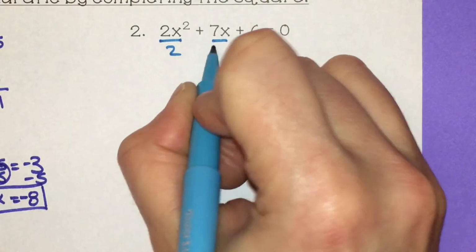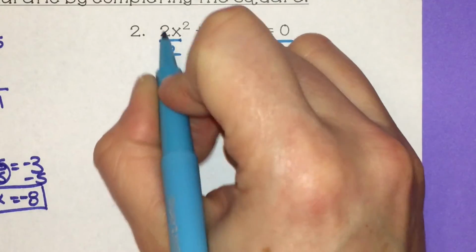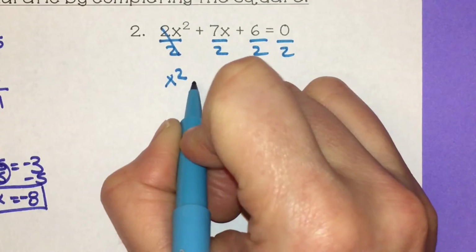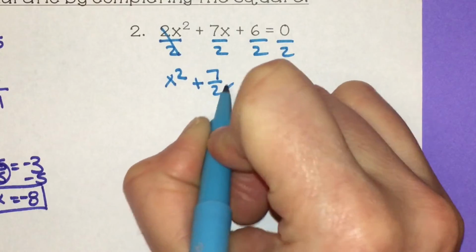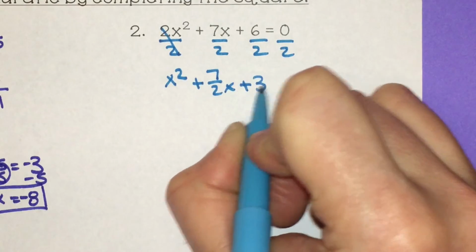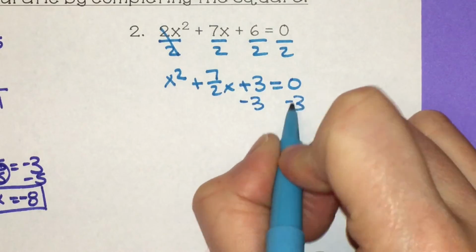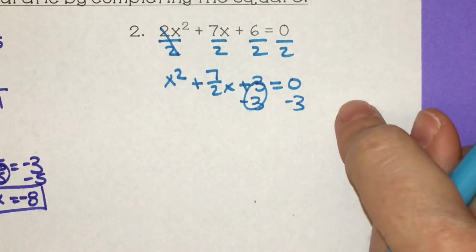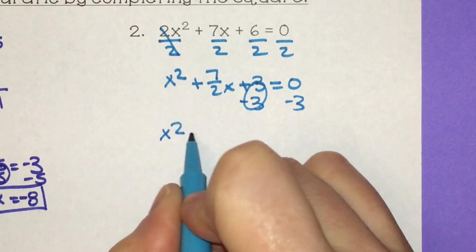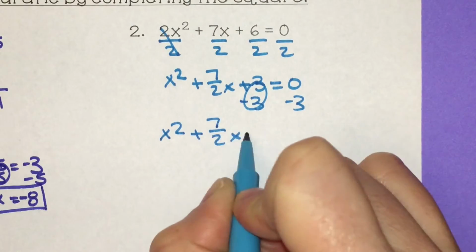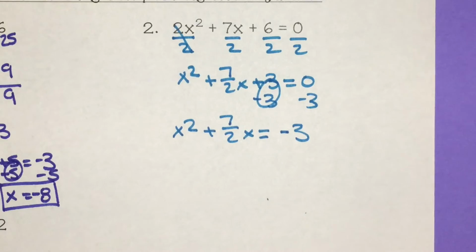We're going to divide by 2 throughout the entire problem. And we get x squared plus 7 halves x plus 3 equals 0. All right, I still have to subtract 3 on both sides because I have to get my constant over on the right. So we have x squared plus 7 halves x equals negative 3.